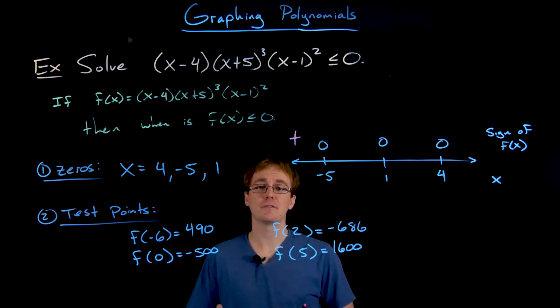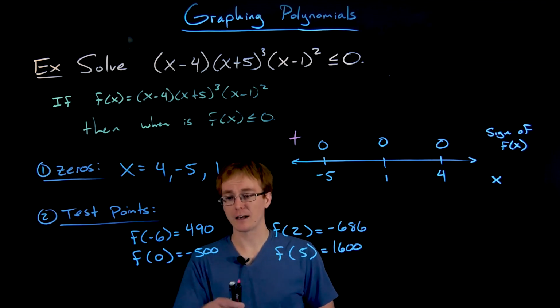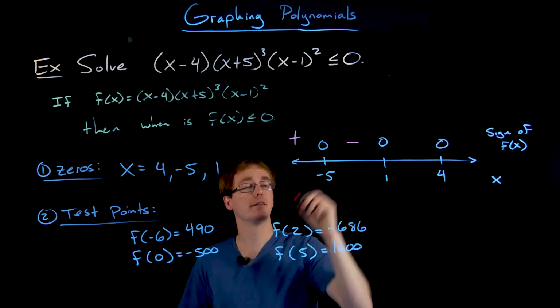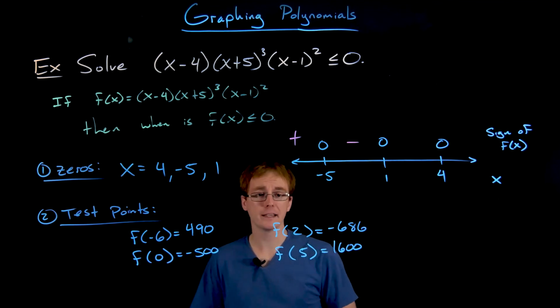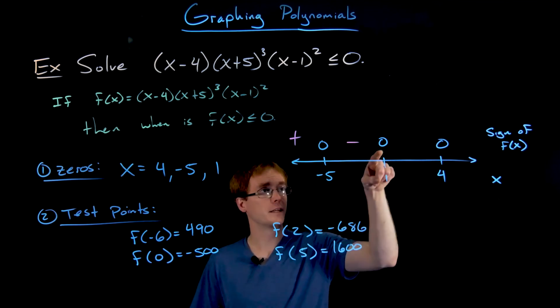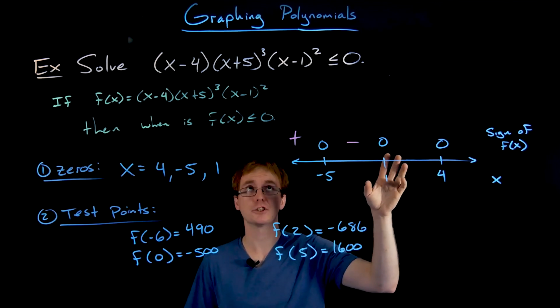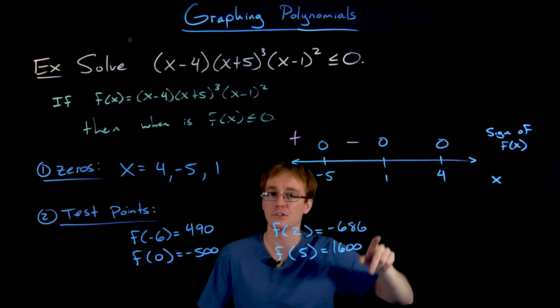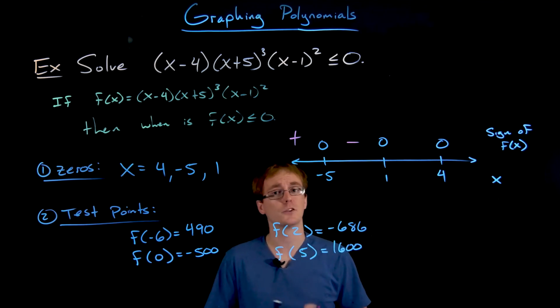Now we want to use the rest of our information to finish filling out our sign chart. f of 0 we evaluated to give us negative 500. So that means in this interval, the outputs of our function are always going to be negative. At x equals 1, we hit 0, so we could have a potential sign change, although we know what happens at these even multiplicities. We bounce off the 0, and no real sign change is going to occur.